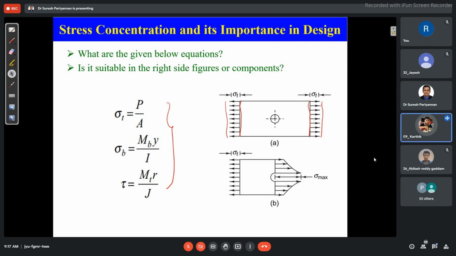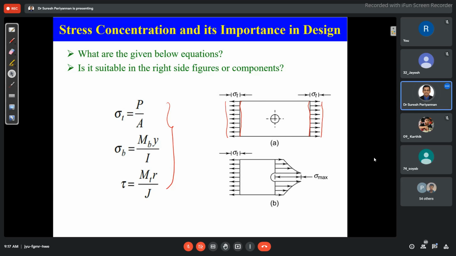Sir, due to the hole present. Yeah, exactly. You might have done the experiment in the second year, the universal testing machine tensile test on the standard test specimen. Have you designed any holes in the specimen while conducting the experiment? No, right? Around the hole, the stress will not transmit uniformly.